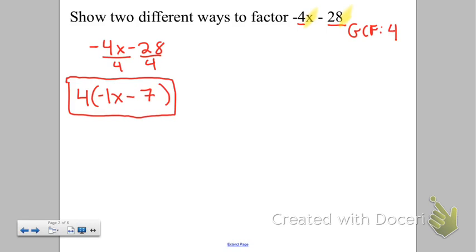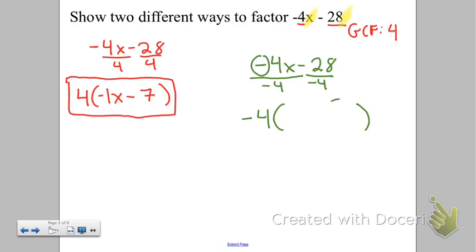The other way, which is more useful and what we're going to do more often, uses the same number, but since my first term is negative, I'm going to make my greatest common factor, the 4, negative as well. So I divide each term by negative 4.